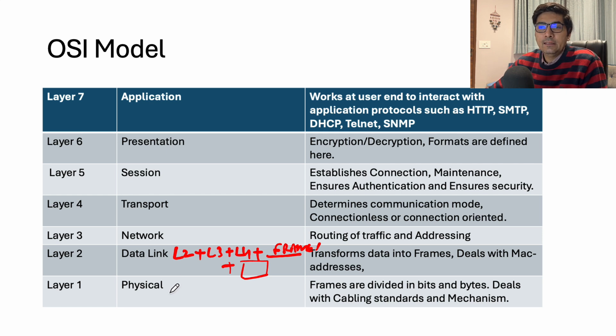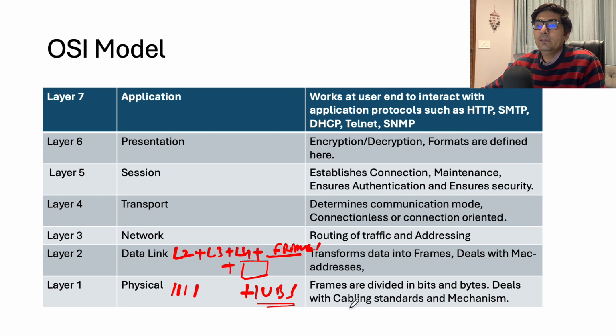Then at the physical layer, the frames are divided into bits and bytes. Okay. So at this physical layer, your hubs will work.